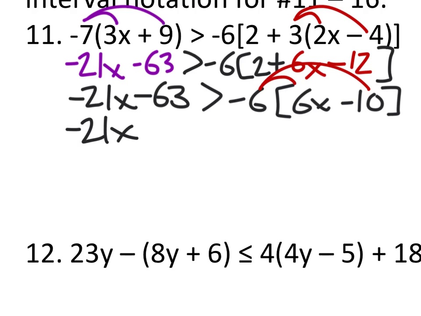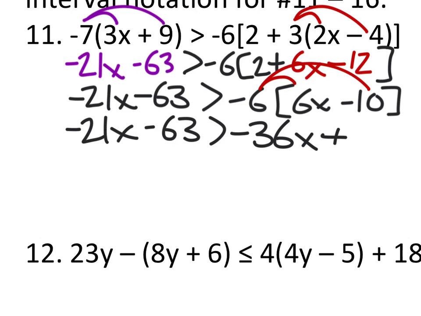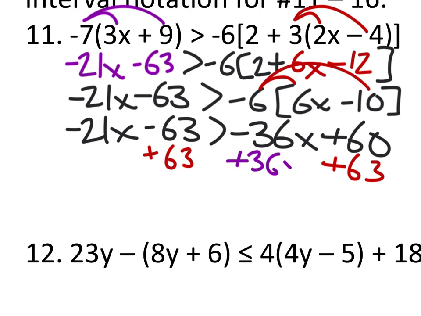So I have this. Okay, and I'm going to keep the x's on the left side. So I'm going to double up on the work here. I'm going to add 63 to both sides. But I'm also going to add this 36x to both sides.